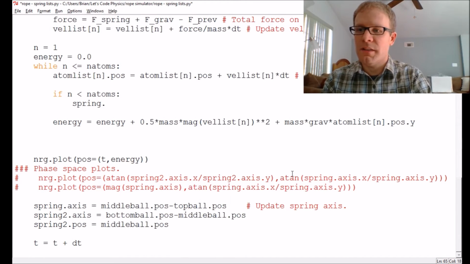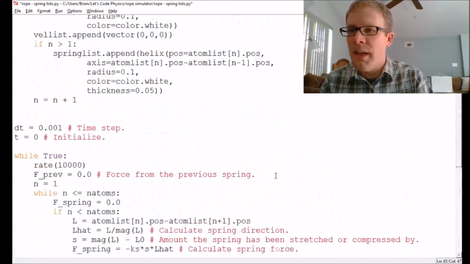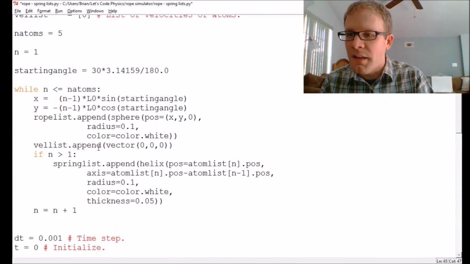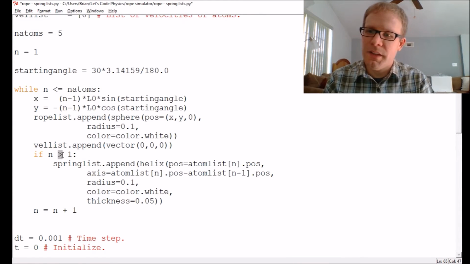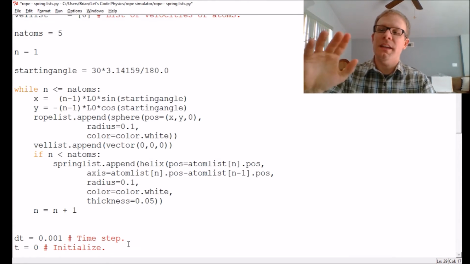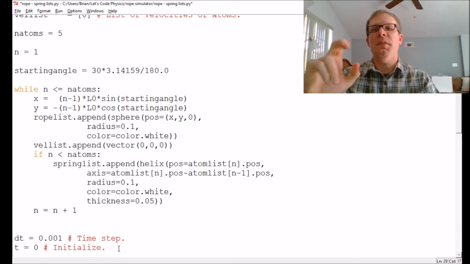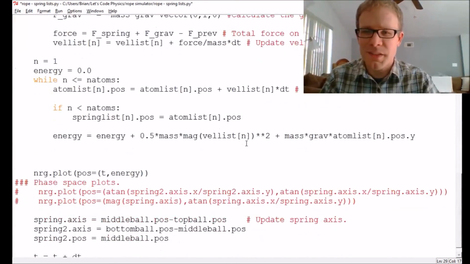So spring list of n dot position is equal to atom list of n dot position, because each one starts at the, I'll have them starting a little bit differently here. Tell you what, let's change this one to n less than n atoms just to make that match that one. So that way each spring is now associated with the atom above it, with the starting atom, not the finishing atom. I think that makes more sense.